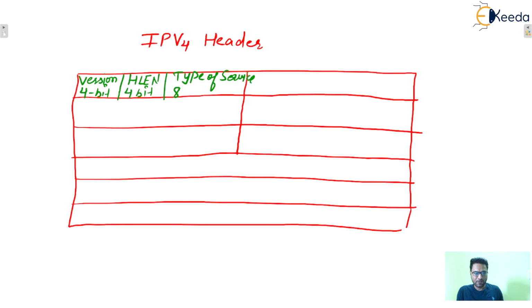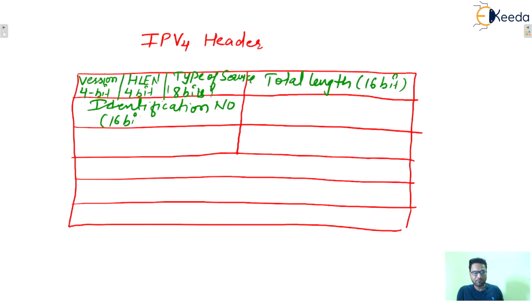This field is of 8 bits. Next one is total length. This field is of 16 bits. Next one is the identification number. This field is of 16 bits.